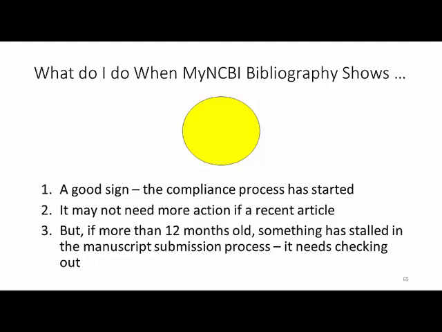So some of the things you can do to troubleshoot, if the PI has not been the one to deposit the article, hopefully the depositing author did a good, thorough job and listed the different authors in the depositing process, because that means that any of the authors can go in and look at the manuscript submission system and see where the article is stalled.